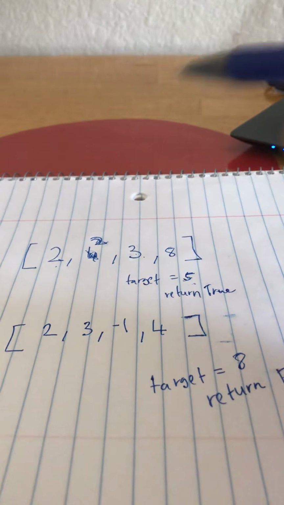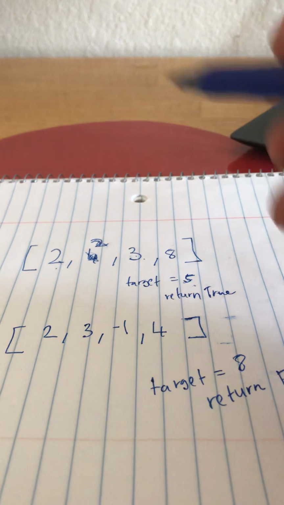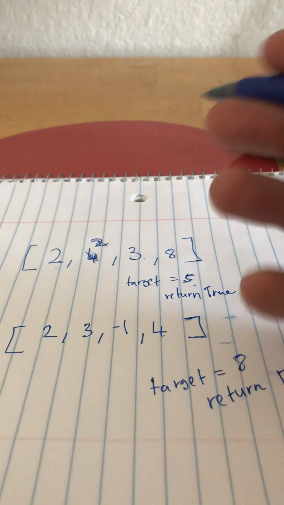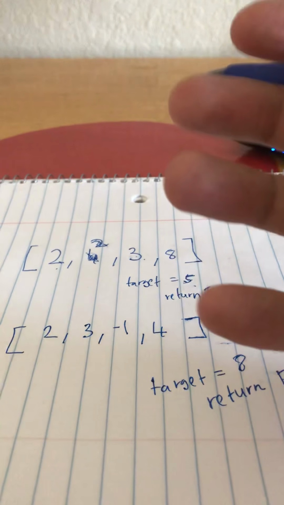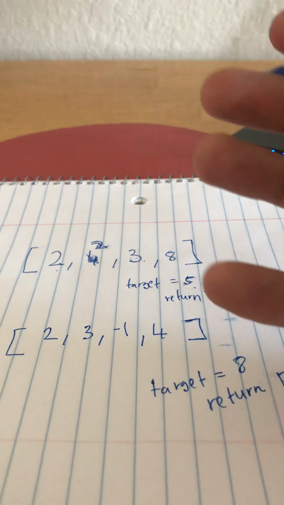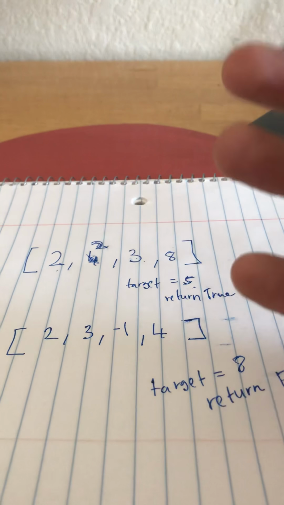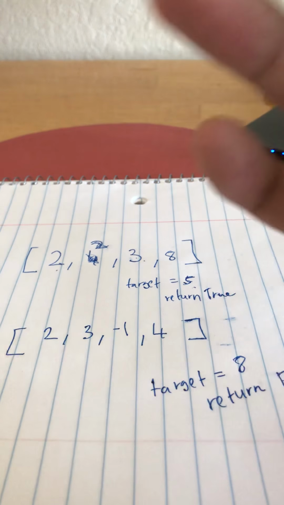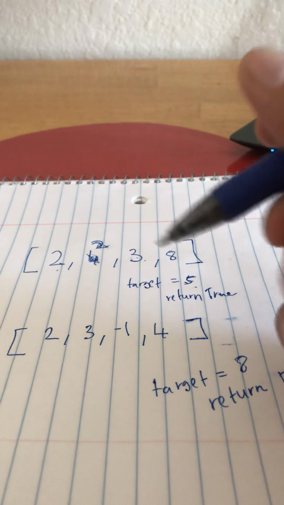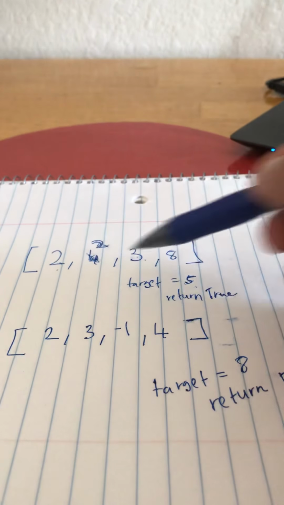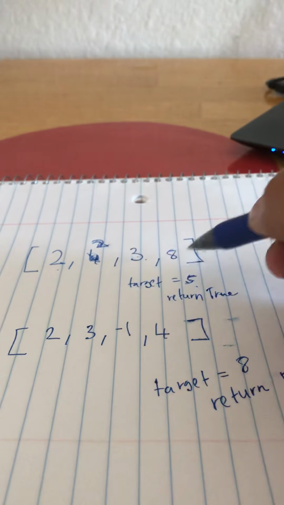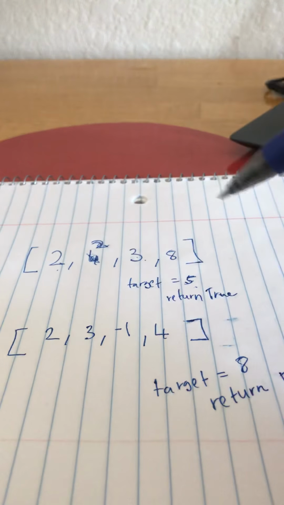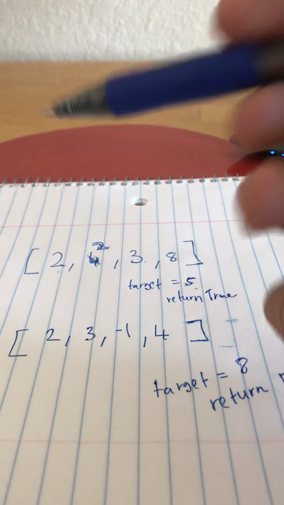So you might ask, what is the runtime, or how do we analyze this approach? The point isn't just to give an answer, it's to look at the trade-offs and then decide what's the best answer in terms of time complexity and space complexity. If we follow this approach of taking each number and adding every other number to it, seeing if you get the sum, what would be the runtime?